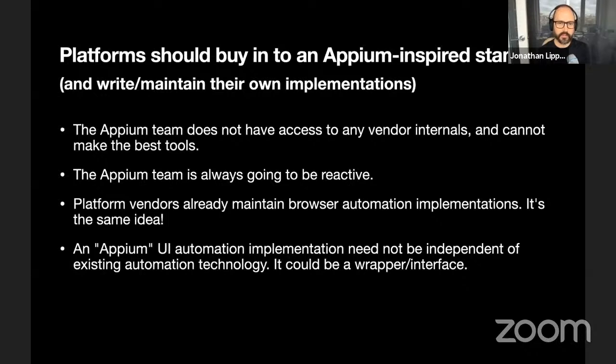Right now it's the Appium team that's maintaining all of these implementations, but we're always one step behind changes from the vendors because we're not officially related to them in any way. So it's overall a less than optimal experience for our users because we're an intermediate entity between them and the technologies that are ultimately at play.